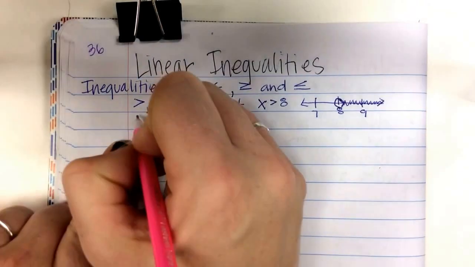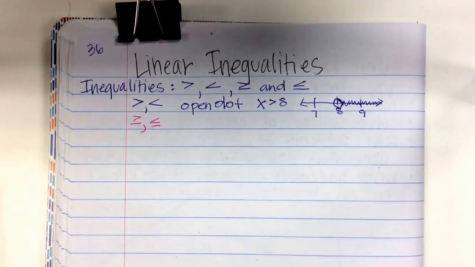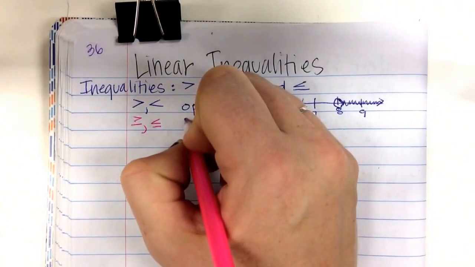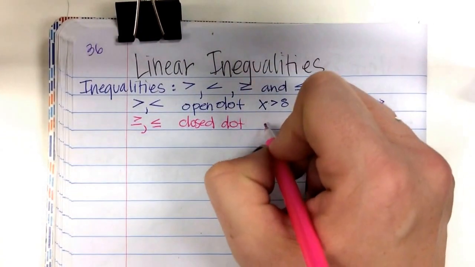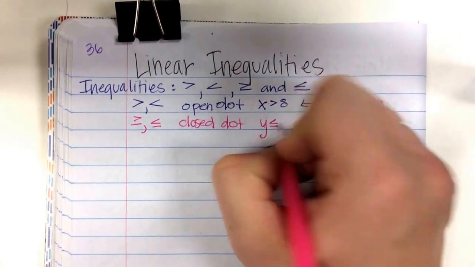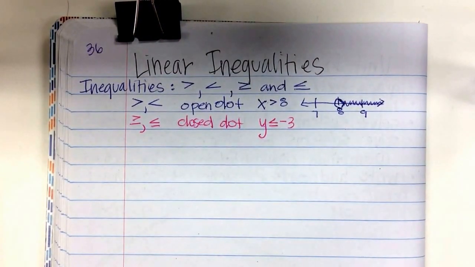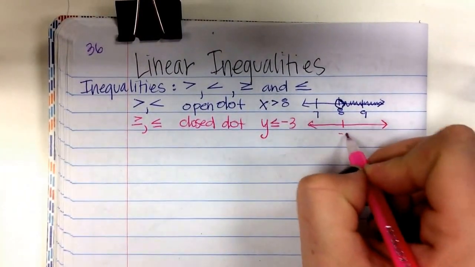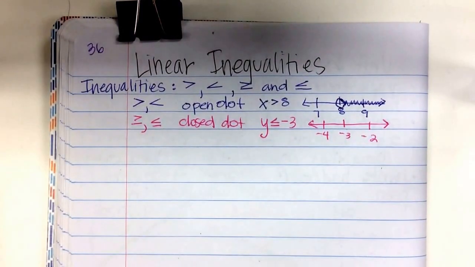So that being said, if you had an equal to bar with it, do you remember what you put? You filled in the dot. So you put a closed dot. If it was y is less than or equal to -3, -3, -4, -2, right?